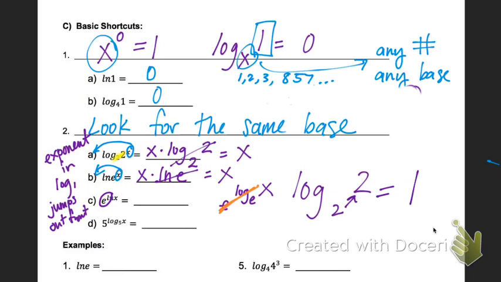The e and log e become 1. This x jumps out in front, and the answer is just x. Same thing for D. The 5 and the log base 5 have the same base. What happens to them? They cancel. The x jumps out in front, so the answer is just x.